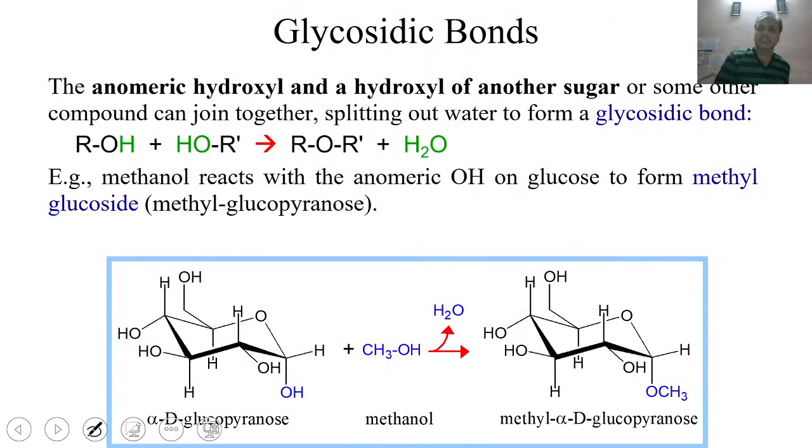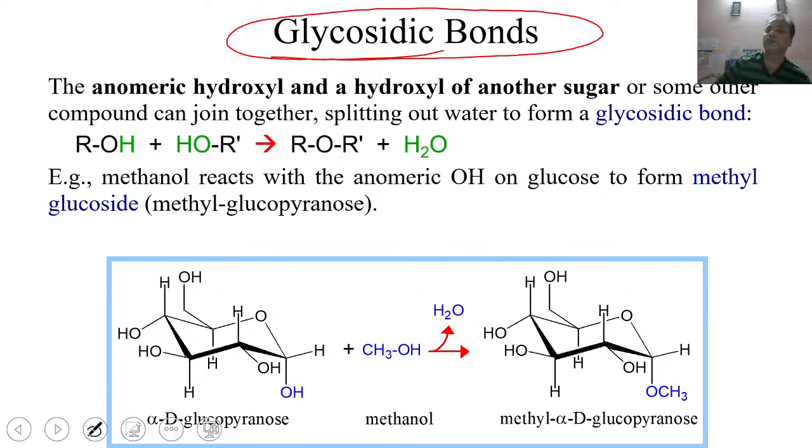So how does this glycosidic bond form? The joining between two monosaccharides is done by a glycosidic bond. Remember one thing: to form this glycosidic bond, one of the carbons must be anomeric.